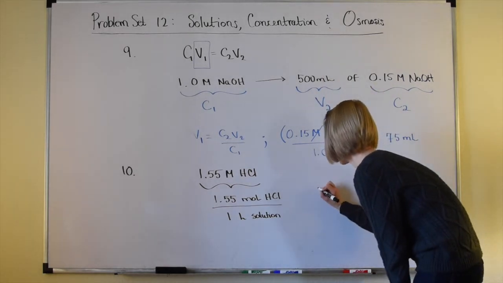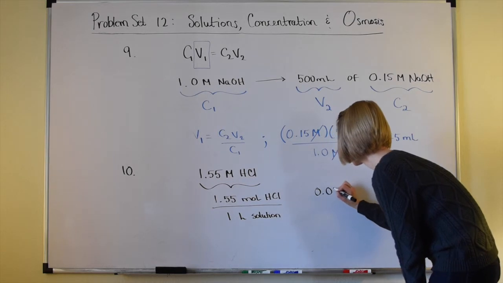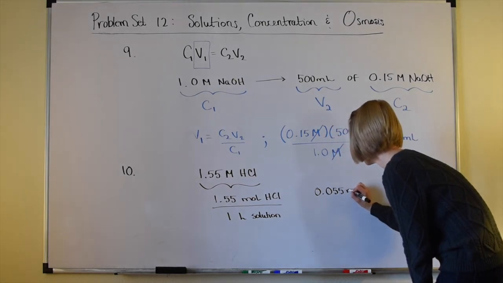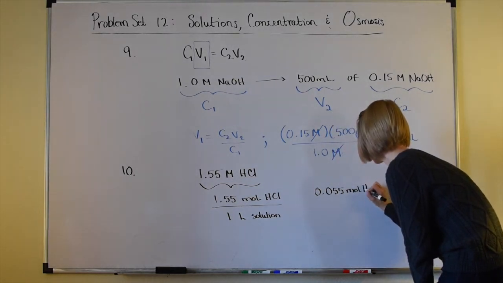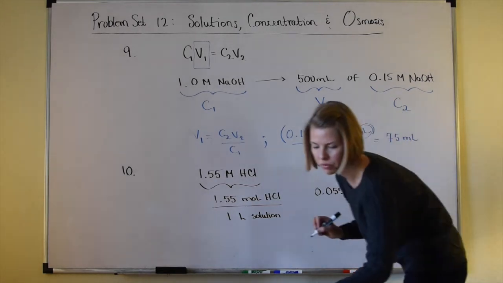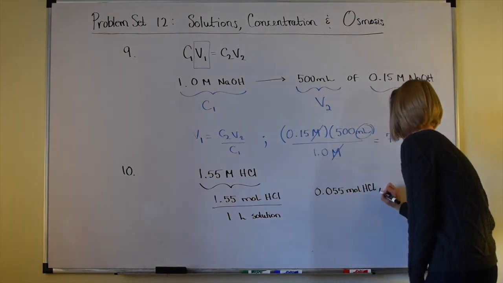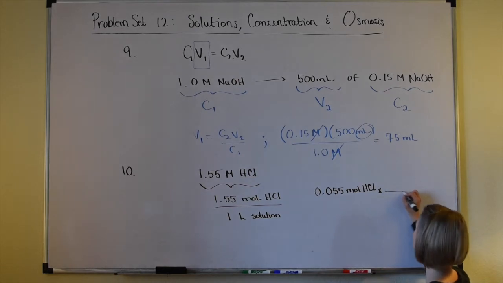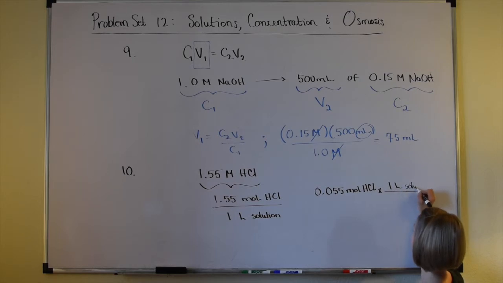All right, so let's set it up here. 0.055 moles of HCl. That was the right number, right? Yes, okay. In 1 liter, we're going to flip it so we get moles on the bottom of that solution. There are 1.55 moles of HCl.